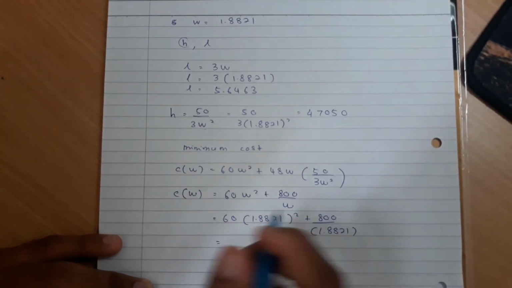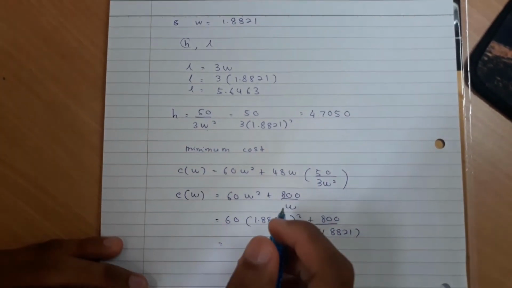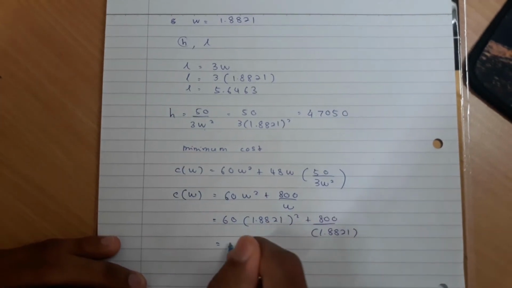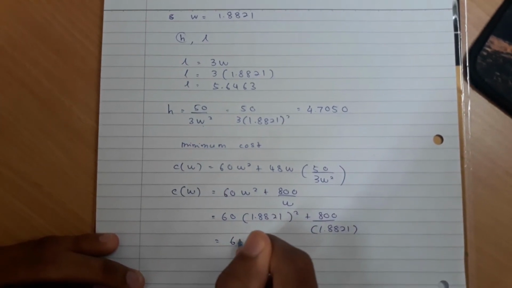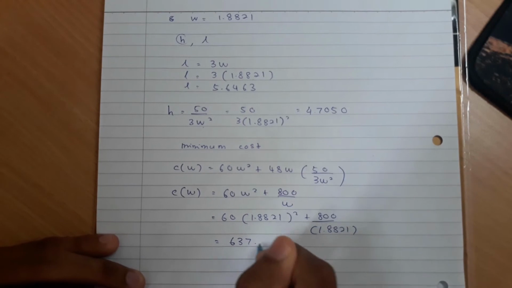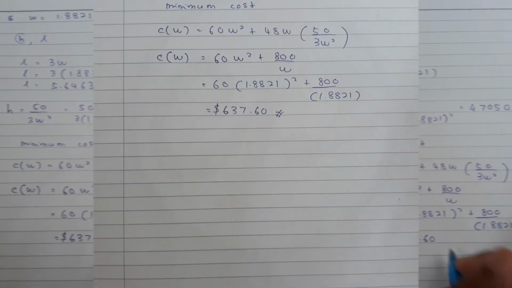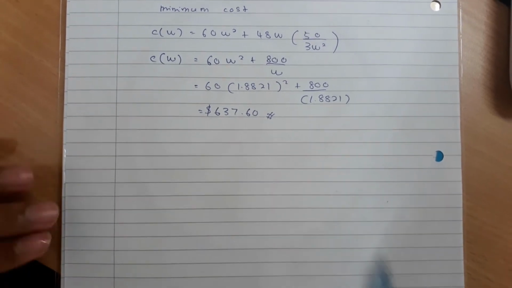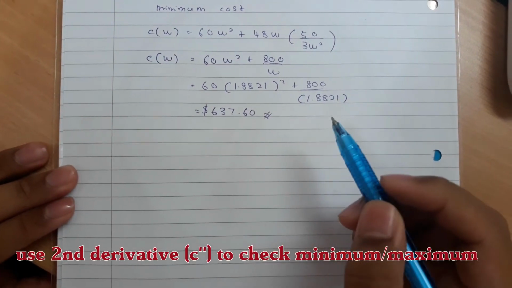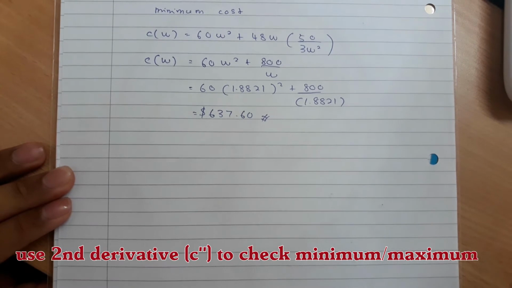And lastly, we got the minimum cost to build the box, that is $637.60. Okay, so in order to confirm this value is a minimum, we use the second derivative from the previous calculation.